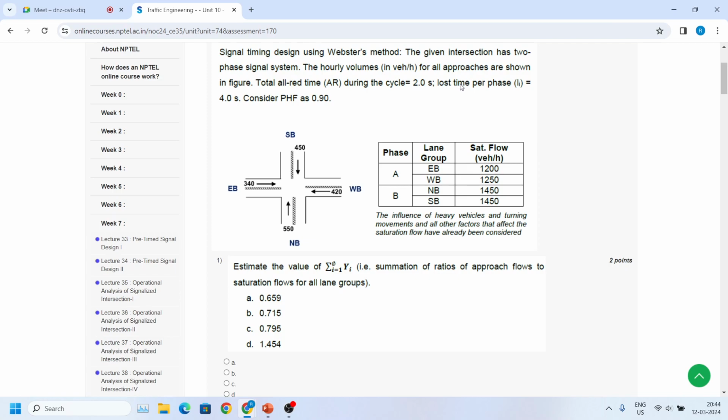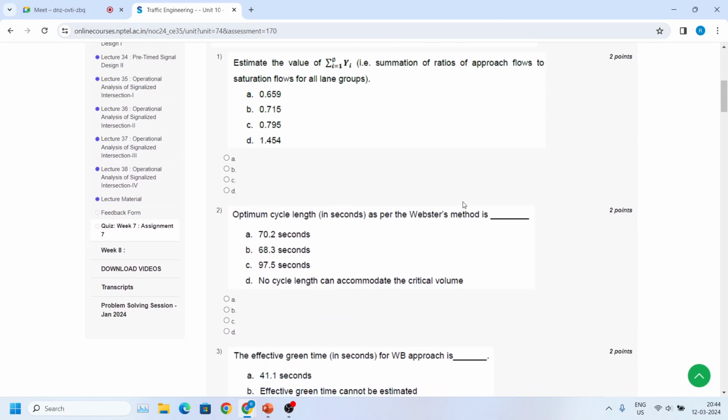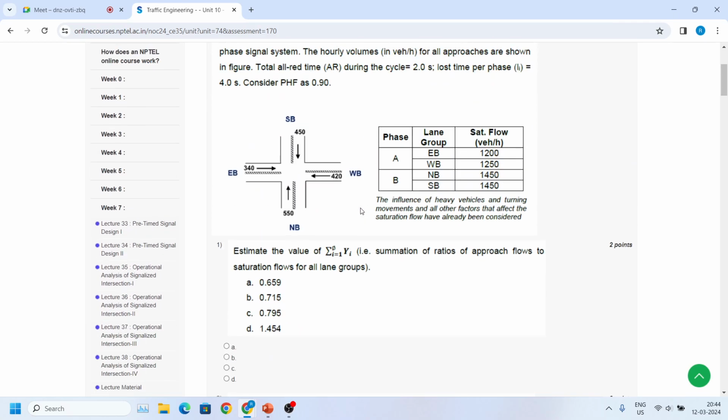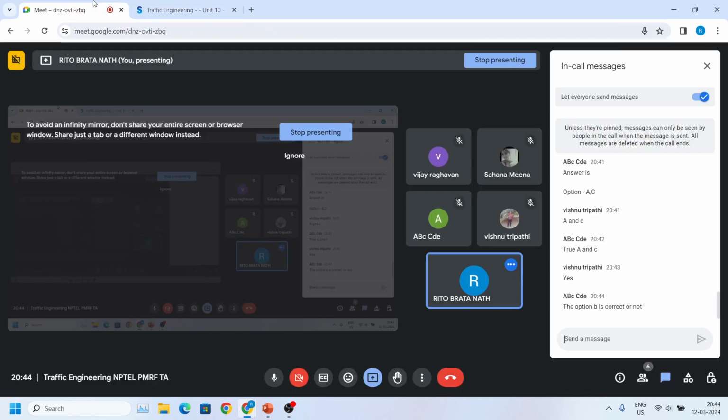So it's the other one is 1 minus, yeah, I think. Here also, I think you'll find some cycle length. It's not like no cycle length can accommodate the critical volume. Yeah, I think you should be able to work it out. So it's finding this effective green for this one, right? Option B is correct or not.